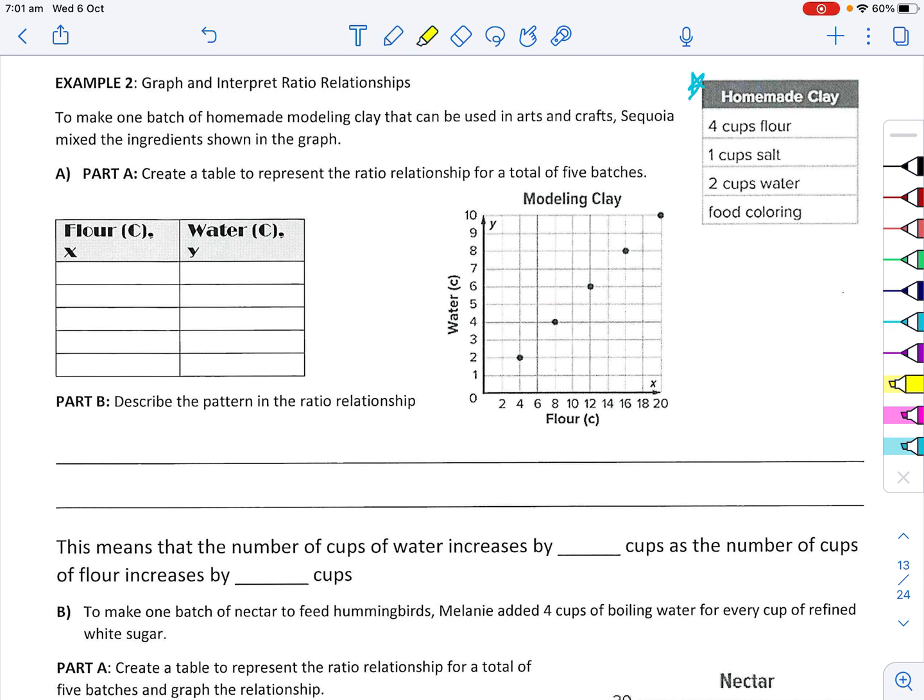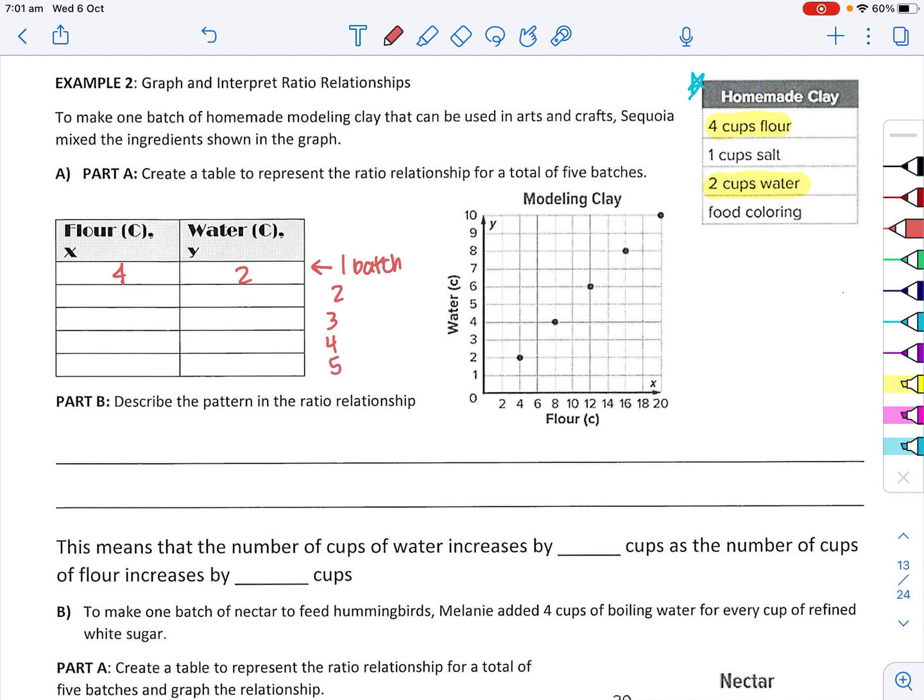So from my table, I'm going to grab the flour and the water. So I've got 4 cups of flour and 2 cups of water. This is going to be 1 batch. So this is 2, this is 3, this is 4, and this is 5.